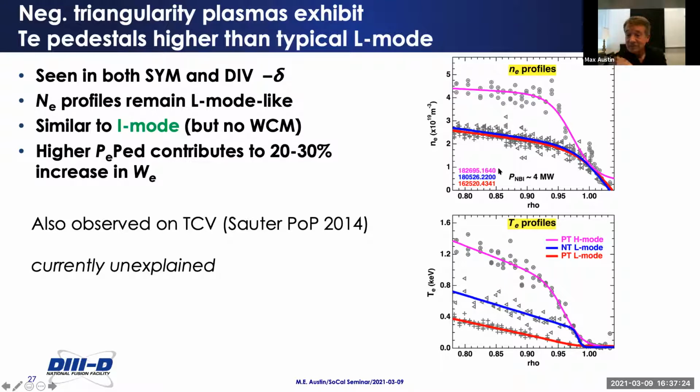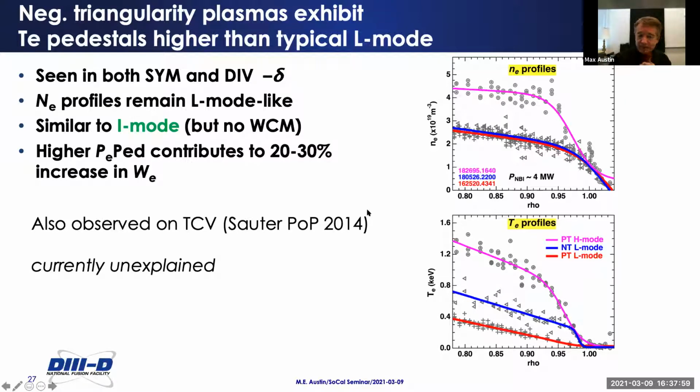Shown in the middle in blue is one of these L mode edge negative triangularity shots, except it actually has a small T pedestal at the edge. If you go through the numbers and integrate the profiles, you find you get a lot of leverage in stored energy by having a little pedestal. This higher pedestal at the edge contributes a 20 to 30% increase in stored energy.